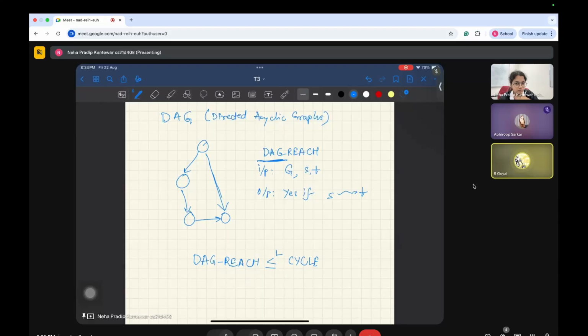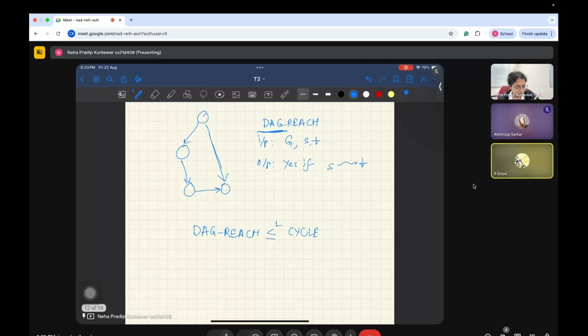If the output is yes, then I can move from S to T, but simultaneously there should be no path from T to S. Otherwise, this will no longer be a DAG.